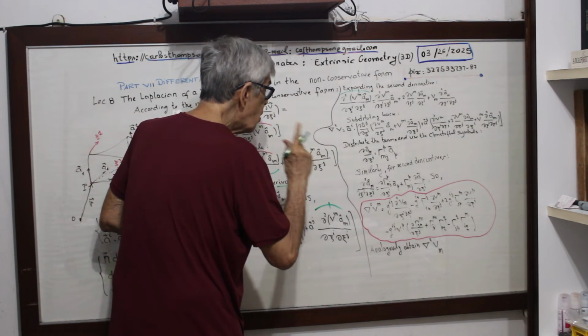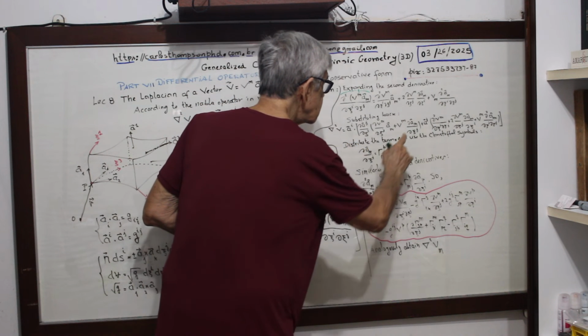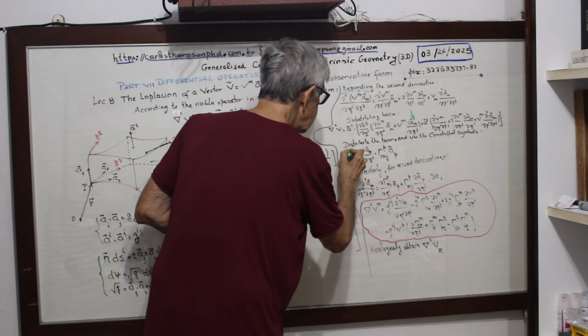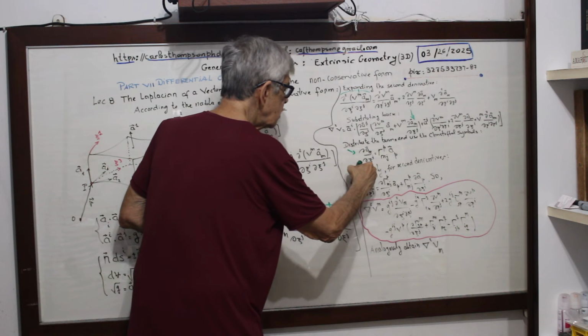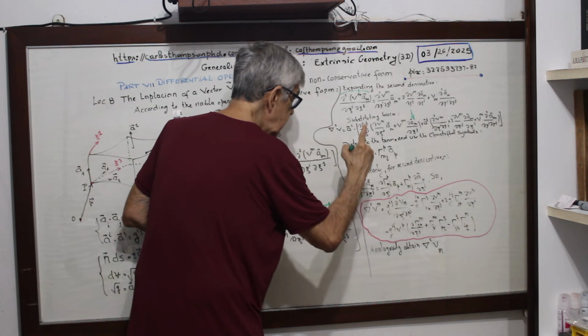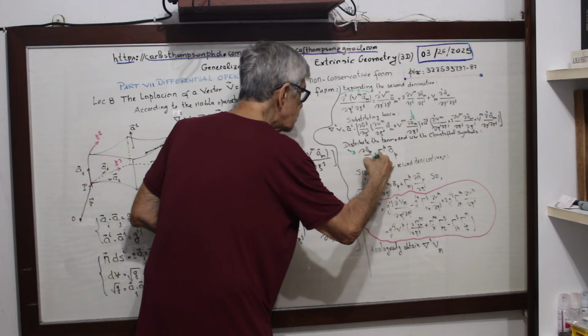Now attention now, you see, derivative of A_m, see, in this case, the j is the Christoffel symbol, second kind.